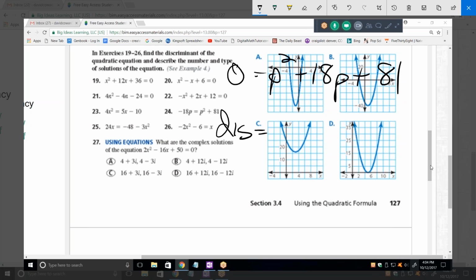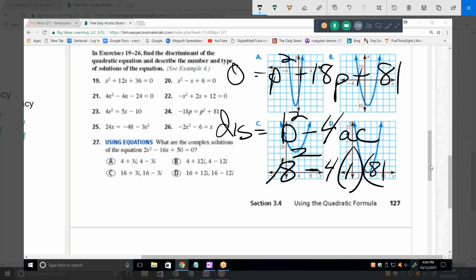What is the general formula? b squared minus 4ac. Okay. Now fill in everything. In other words, b squared is what? 18 squared. Sometimes you don't have to actually figure out these numbers; you can figure it out just based on how close they are. So 4 times 1 times 81.